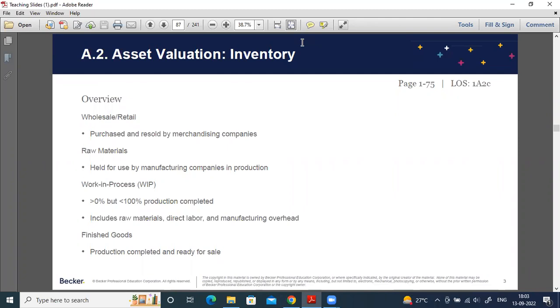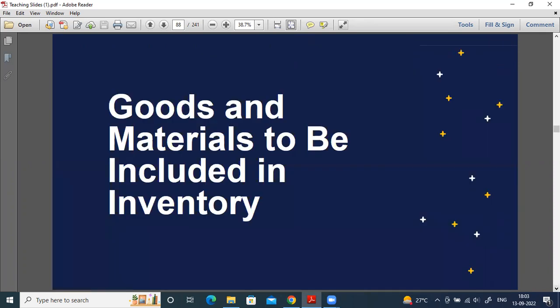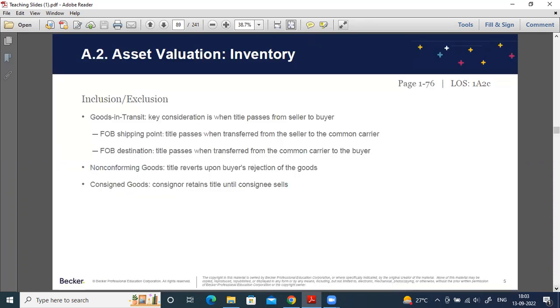Whenever you are dealing with the work in progress, you need to include the raw material, direct labor, and manufacturing overheads. So generally, these are the three important components which we will be showing under this work in progress. Now, the finished goods: production completed and ready for sale. This is finished goods.